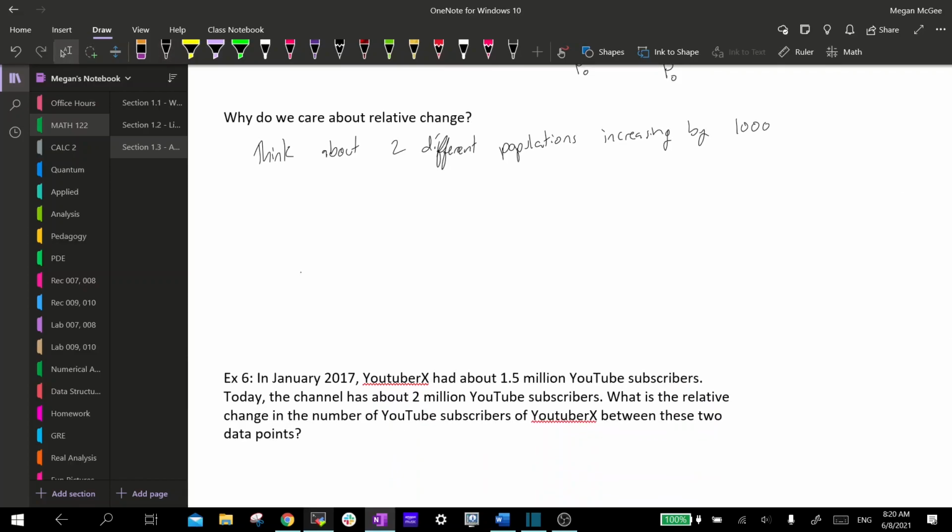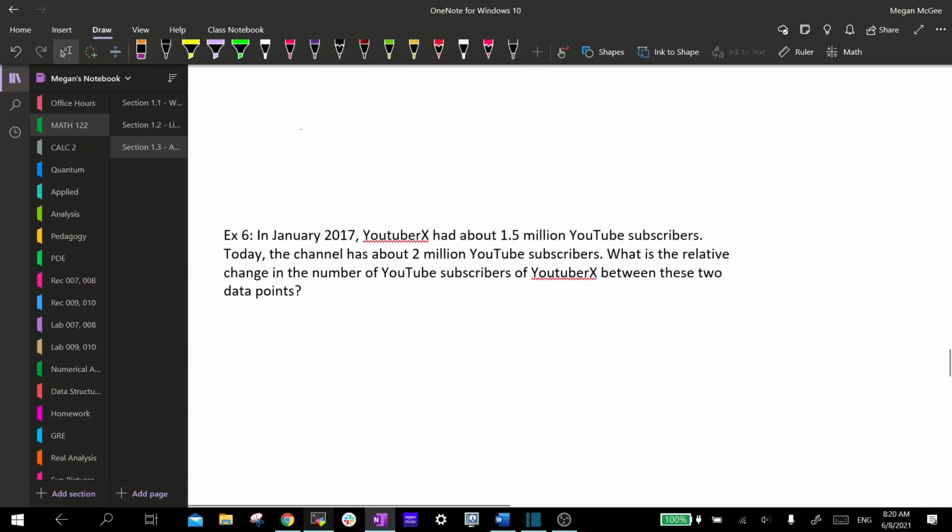All right, so example 6. In 2017, YouTuber X had 1.5 million subscribers, and today the channel has about 2 million subscribers. What is the relative change in the number of subscribers of YouTuber X between these two data points? A relative change is our P1 minus P0 over P0.